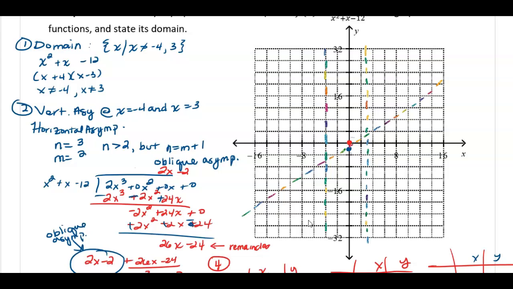Let's start over. -5, -31.25, so right here. -6, -24, right here. -8, -23.27, so pretty close to over here. So we're going to have a smooth curve like this.